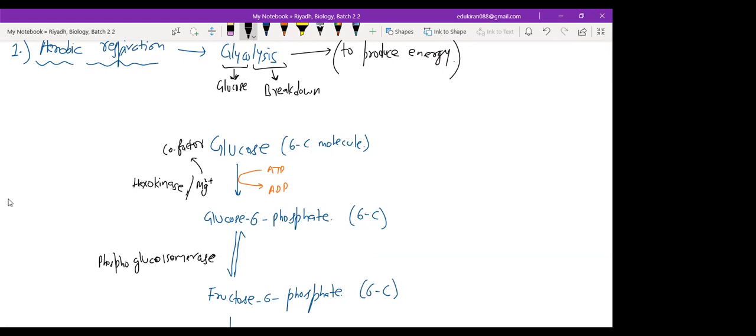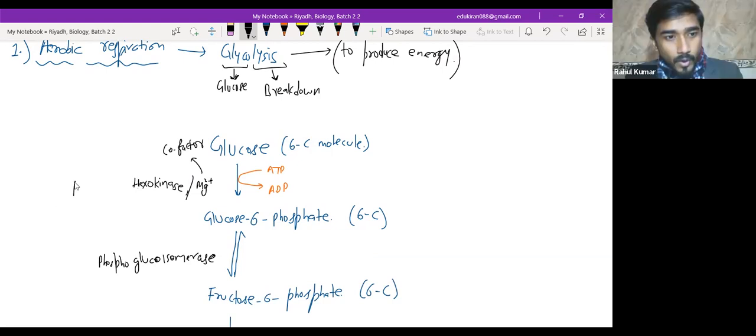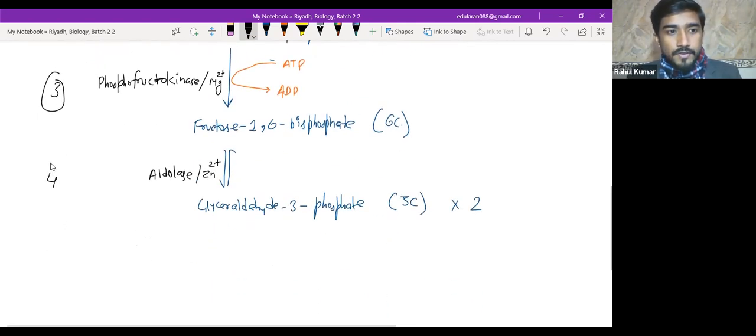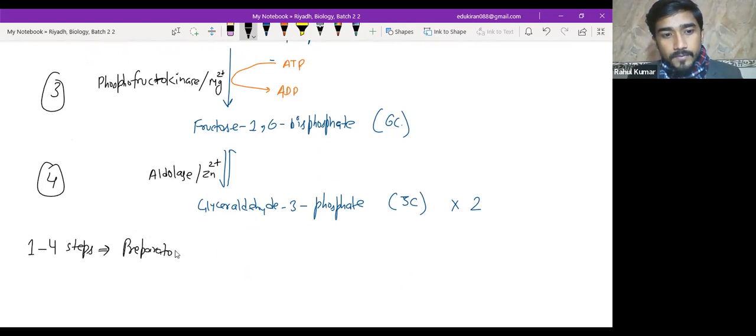So step 1, step 2, step 3, and step 4, these first initial 4 steps of glycolysis are together called the preparatory phase. They're also called the energy investment phase.